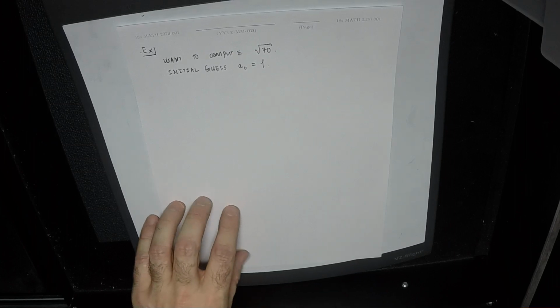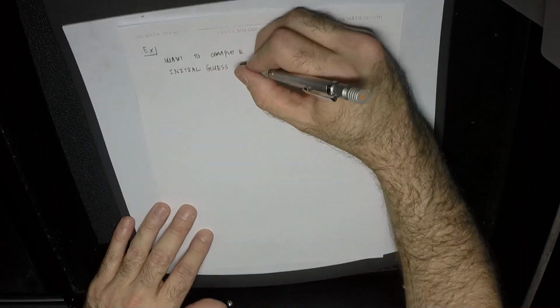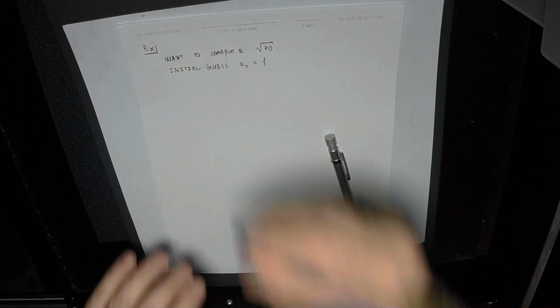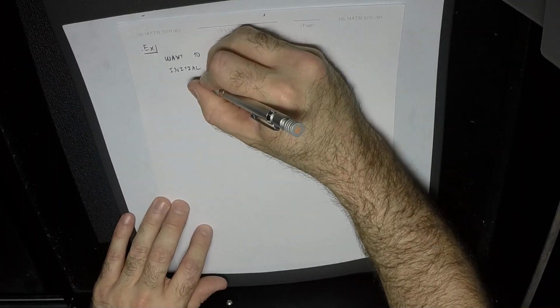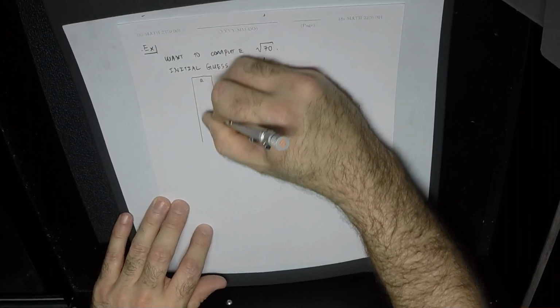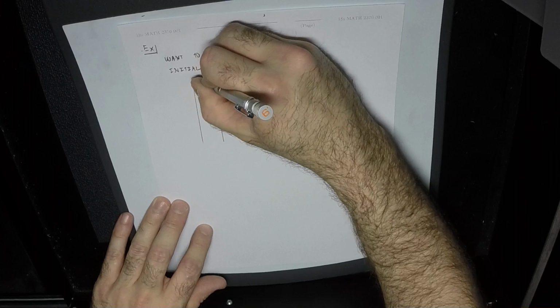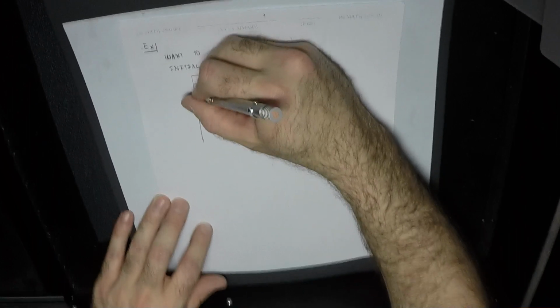Okay, fine. Well, let's figure out. I guess I'll just write A. It doesn't matter so much. So let's make a table of values. So we're saying that our first guess is 1.